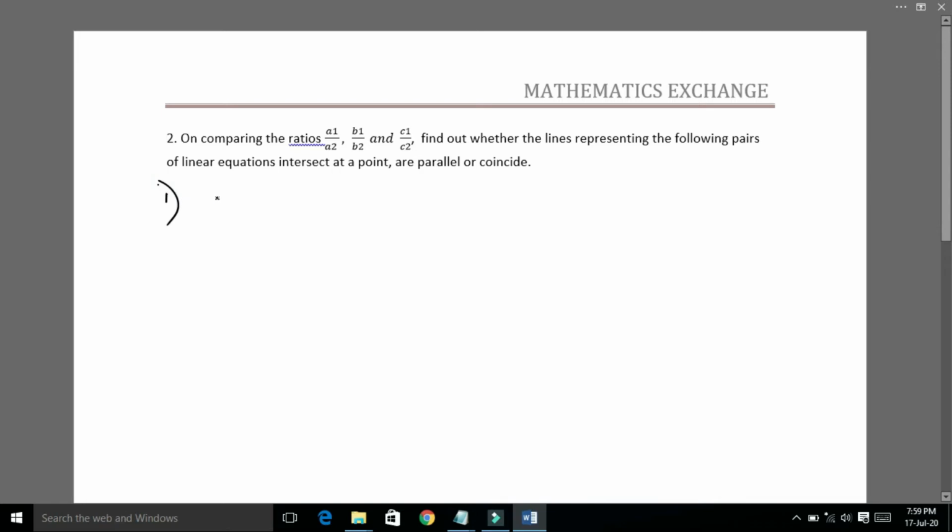In the first question we are given the equations 5x minus 4y plus 8 is equal to 0 and 7x plus 6y minus 9 is equal to 0. So these are the given equations. We have to compare the ratios, and by comparing the ratios we have to find out whether the lines intersect at a point, are parallel or coincide.